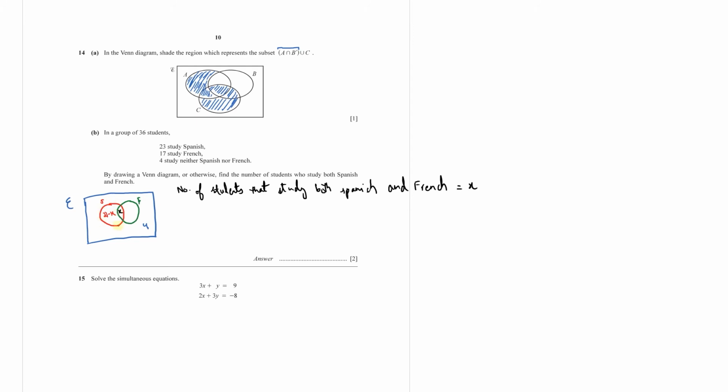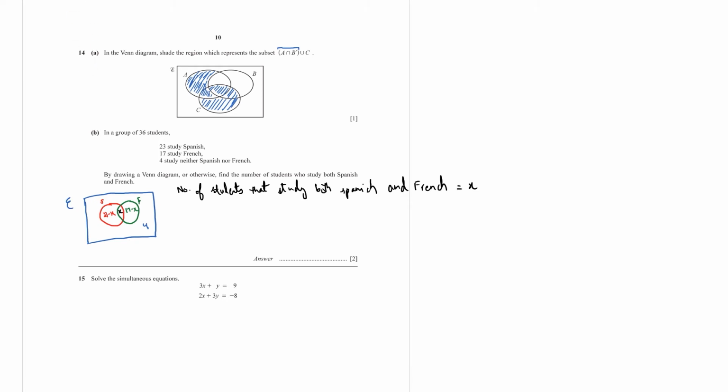So your whole sum, the number of total students that study Spanish, would be 23 minus x plus x, which will give you 23 as given in the question. And similarly, for French, we know x is an overlap. Total number of students that study French is 17. So students that study only French would be 17 minus x here, right?